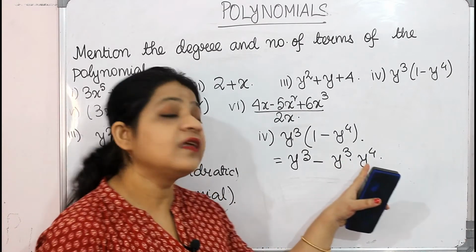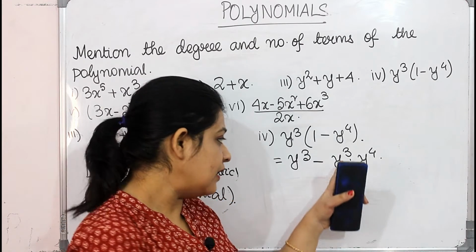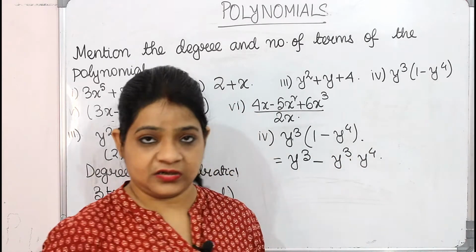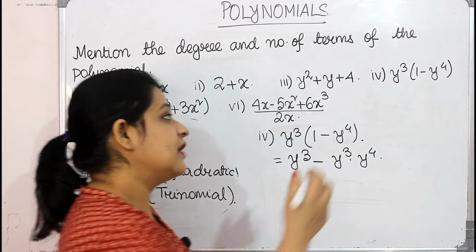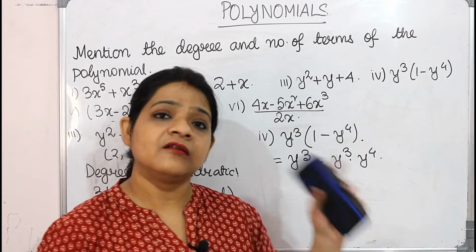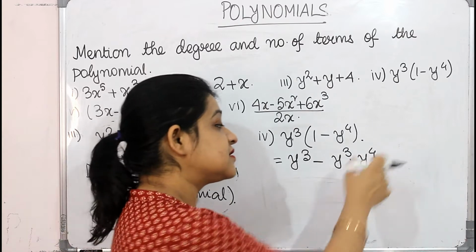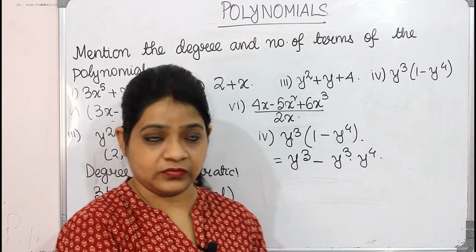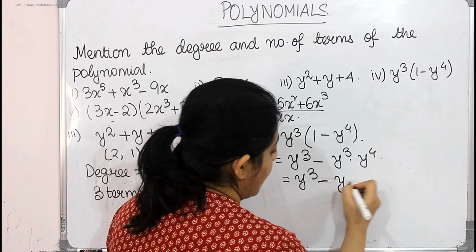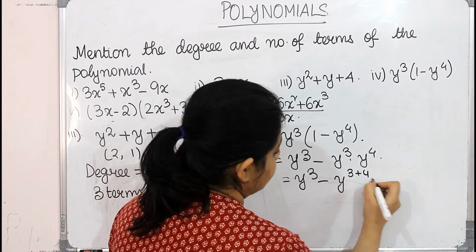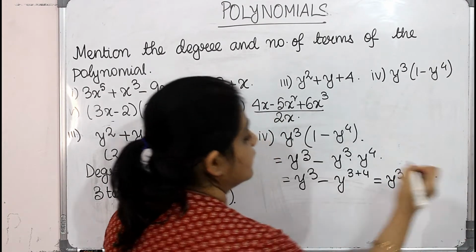So it has the same base but powers are different. And it is multiplication, isn't it? So any expression that has common base but different powers and they are being multiplied, we just add the 2 powers. So this is y cube minus y to the power of 3 plus 4, that is y cube minus y to the power of 7.